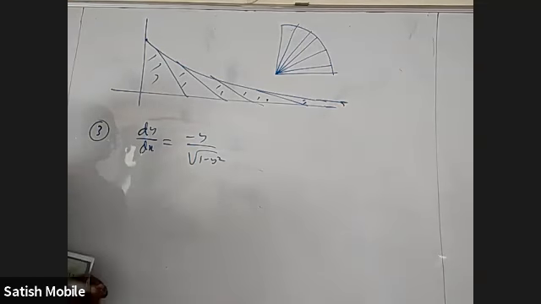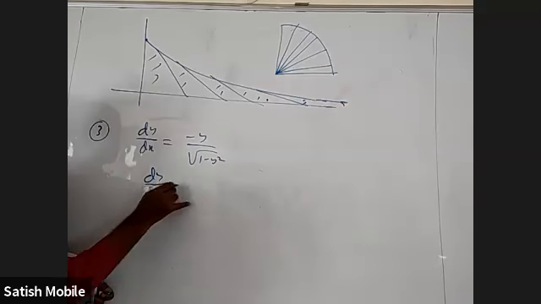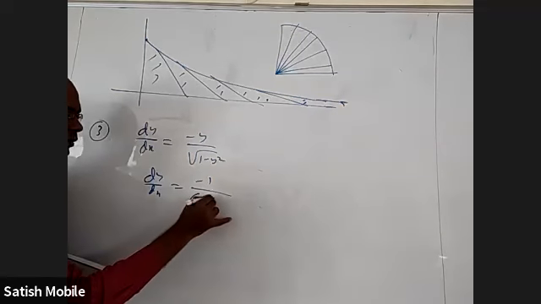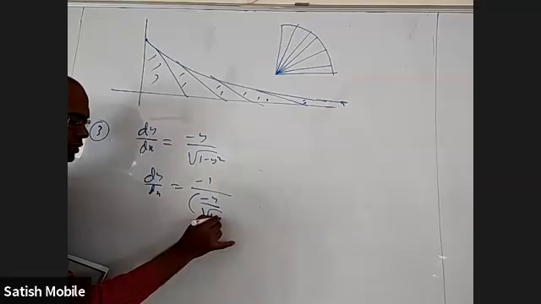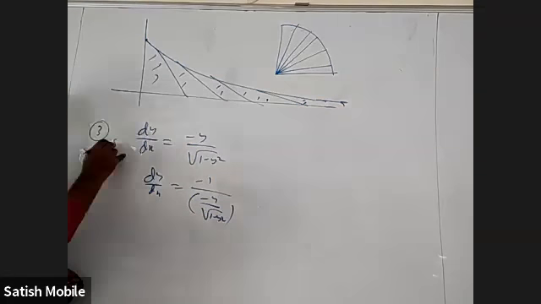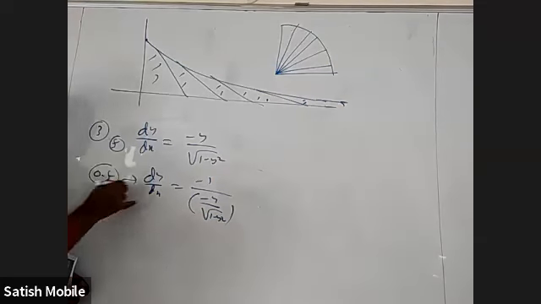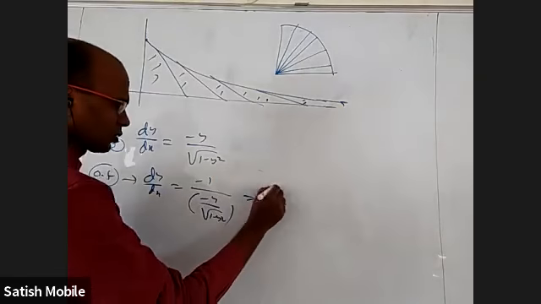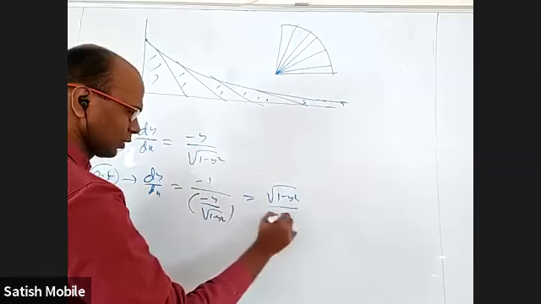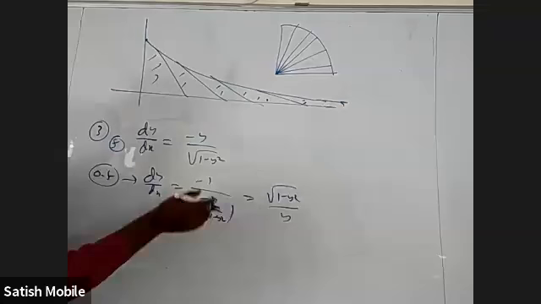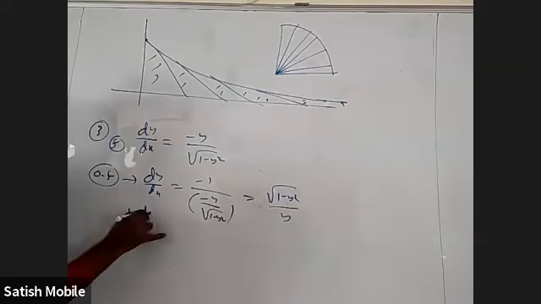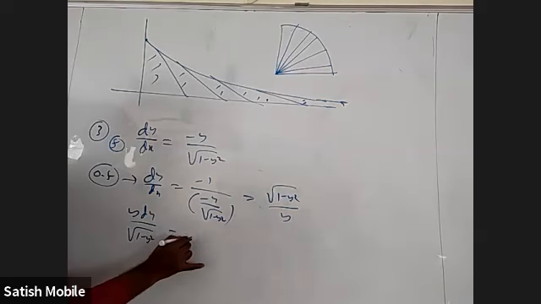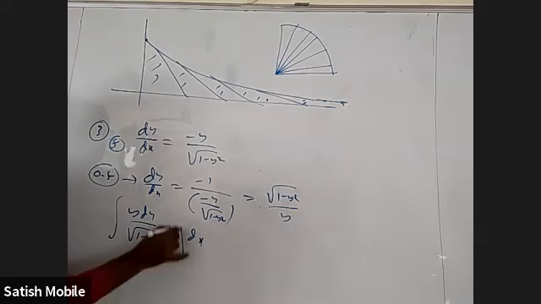And for the orthogonal family, what is the differential equation? Dy by dx will be minus 1 by (minus y by root 1 minus y square). This is the original family. This is the orthogonal family's differential equation, which is root 1 minus y square by y. Solve it by variable separable. Y dy by root 1 minus y square equal to dx.